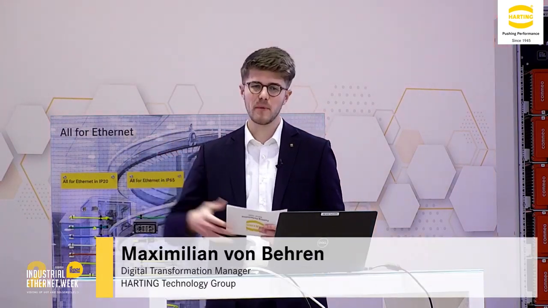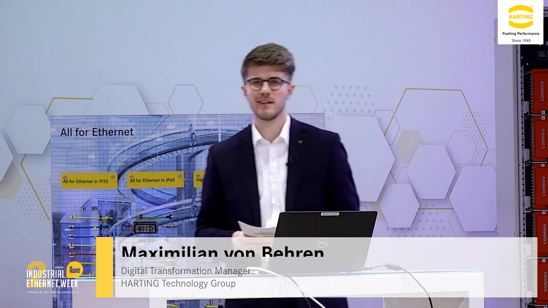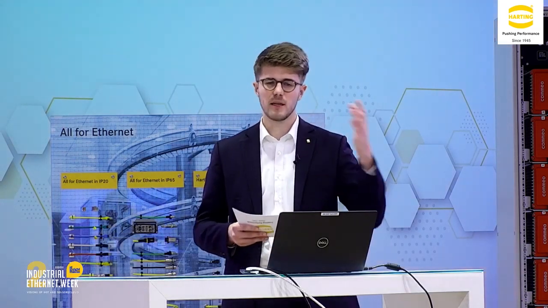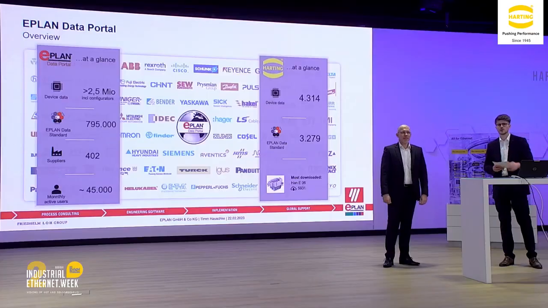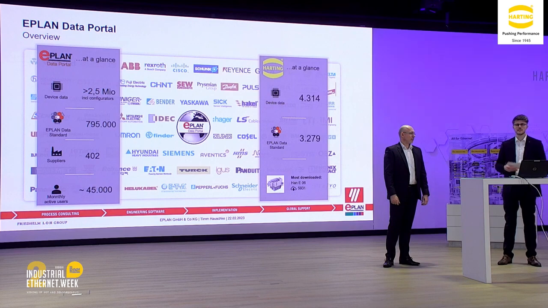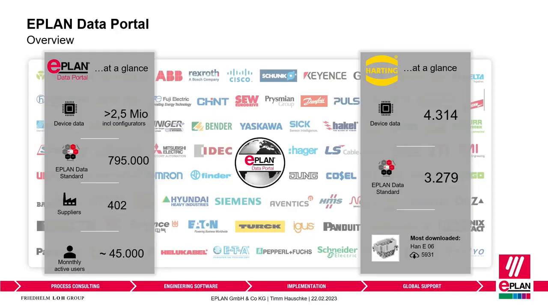We are continuously growing these numbers in the data portal. Especially in January we added our whole product line M23, and you can also look forward to the next months, because M8 and M12 will come. So we are still expanding this range of products.